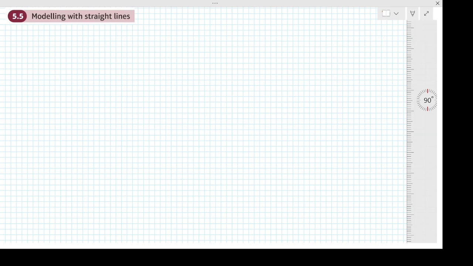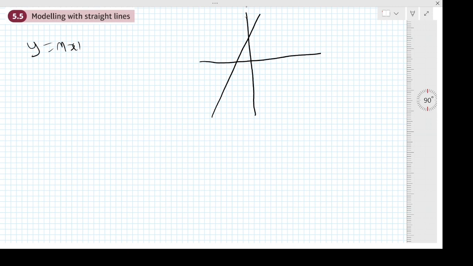Now, as a recap of what we've been doing in this chapter, I'm going to restate the main thing we'll be doing. Take a straight line, say that one. Any straight line is in the form y is mx plus c, and that's going to be paramount in this section.